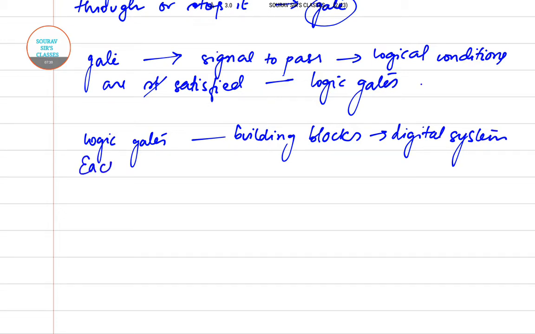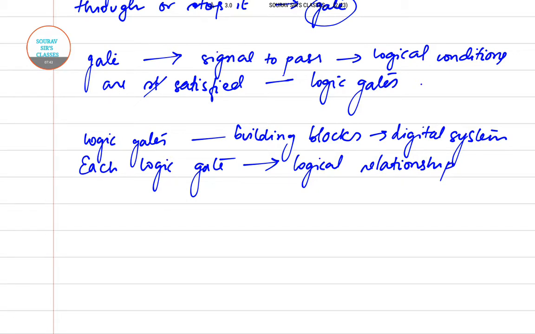Now each logic gate follows a certain logical relationship, and this relationship will be portrayed between input and output voltages.